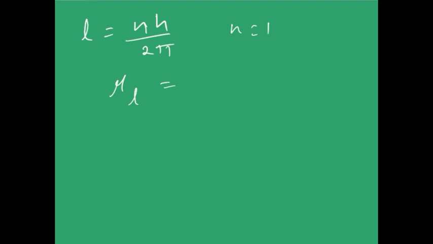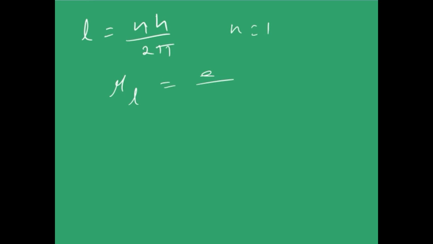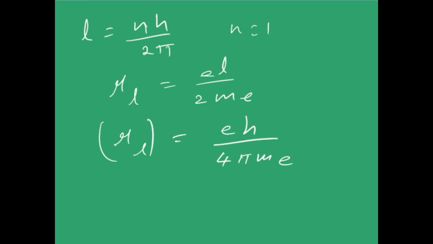So putting all these equations together, μL is eL by 2me, and I can write this L as nh by 2π. So if I put n equal to 1 in the final equation, I can write this as eh by 4πme, right? This is the least possible magnetic moment for n equal to 1.